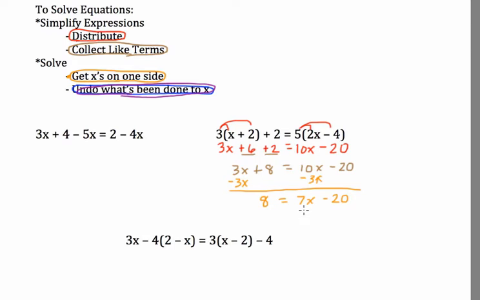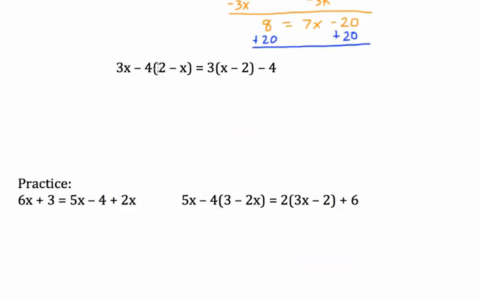Go to the side with the x, undo what's been done to the x. To undo timesing by 7, you divide by 7. X equals 4.